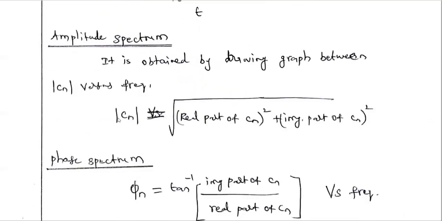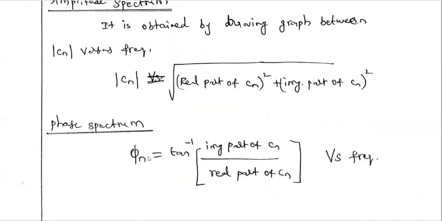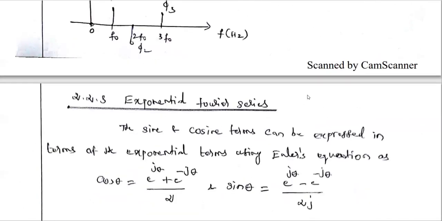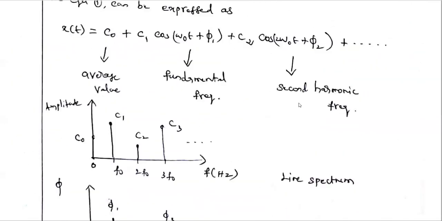The modulus of Cn is the square root of the real part of Cn squared plus the imaginary part of Cn squared. And the angle phi n is calculated by tan inverse of the imaginary part of Cn divided by the real part of Cn.